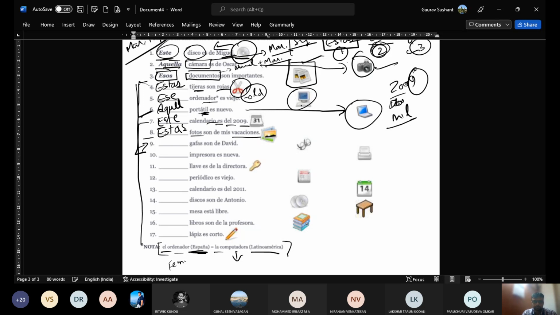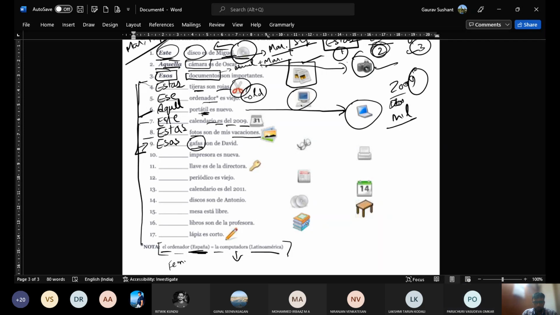Number 9. Esos gafas son de David. Again, estos. Why estos? Gafas is there, no? So this is feminine plural. Okay, sir. So it should be esas gafas, no?